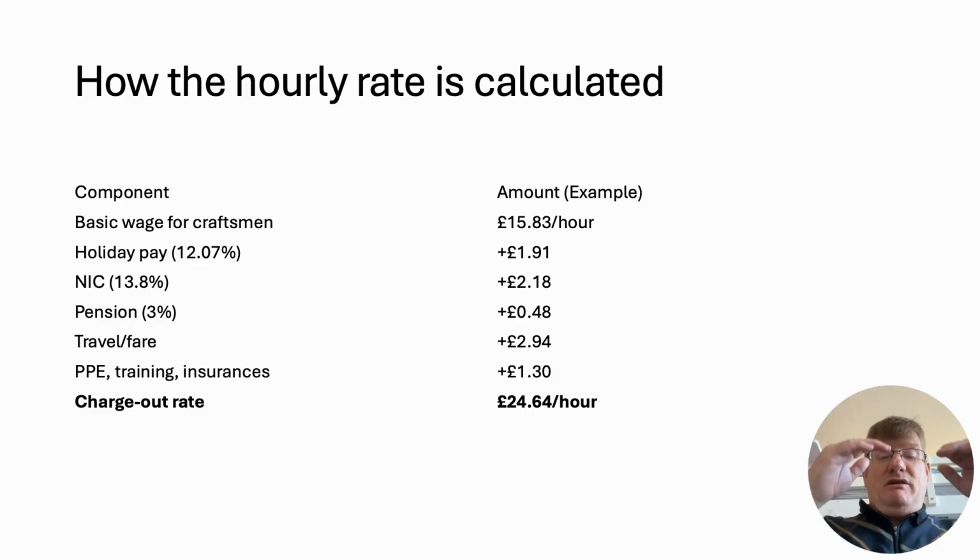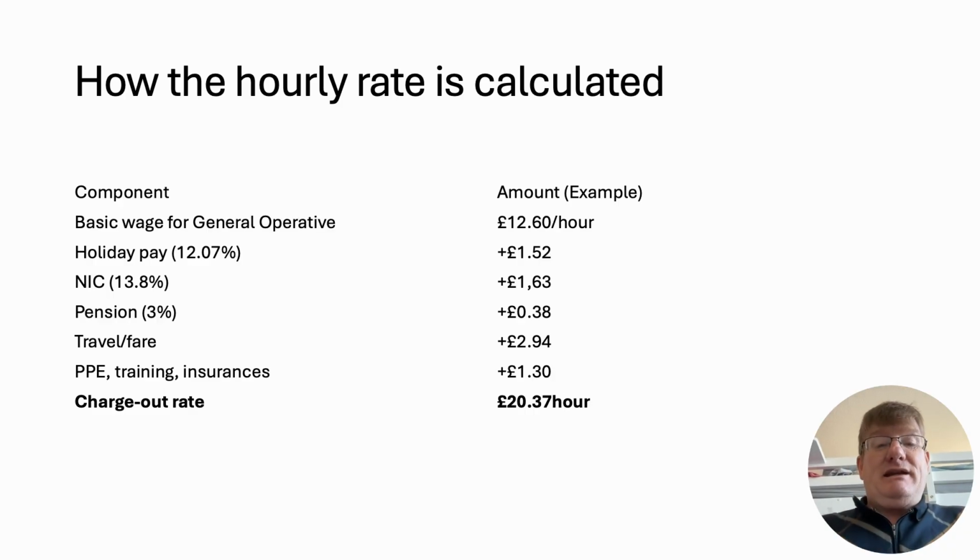So when we add all of that up to the basic wage for a craftsperson, we're saying a craftsperson should be paid around £24.64. That's what it's saying in the current Working Rule Agreement. And that's for a craftsperson; for a general operative it's the same principle, they're just going to be paid a little bit less because they're unskilled or semi-skilled.